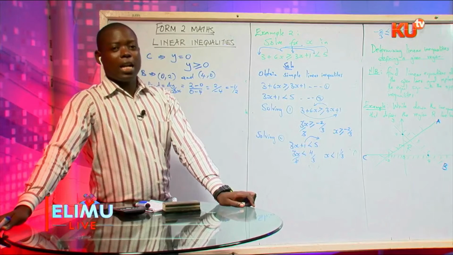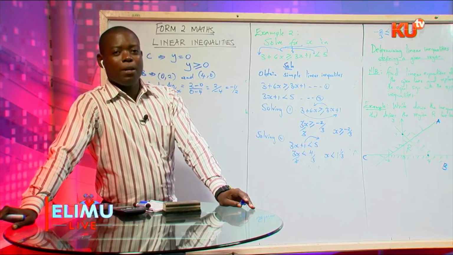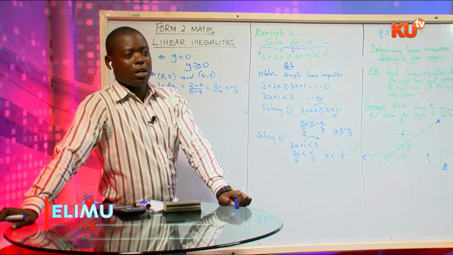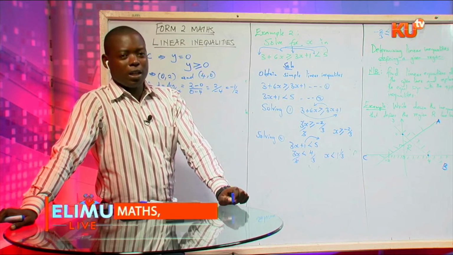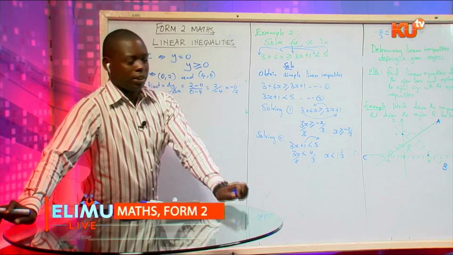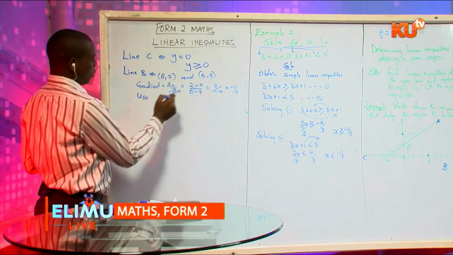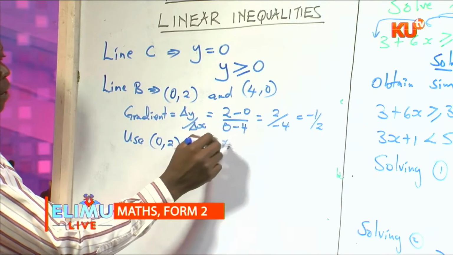We have 2 points on the line, and now the gradient. How do you determine the equation of the line, given 2 points on the line? Once we have the gradient, what you do is we take at least 1 point. From the 2 points, I will use any of the points. So let's say 0, 2, and a general point x, y.